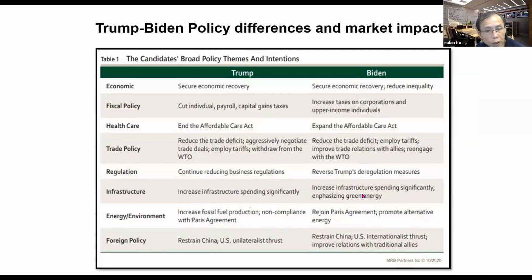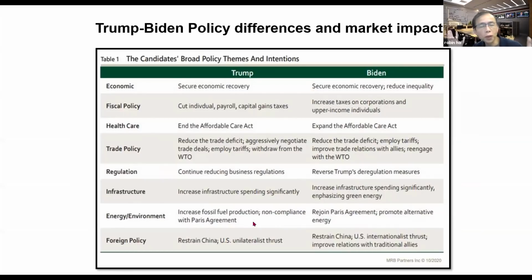Trump wants to increase infrastructure spending significantly. Biden also wants to increase it significantly, but emphasizing green energy, so a lot of alternative energy plays come in if Biden wins. Donald Trump has always advocated increasing fossil fuel production, and that can only be done with non-compliance with the Paris Climate Agreement.